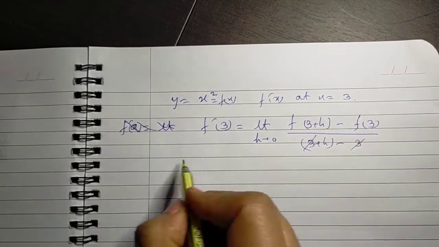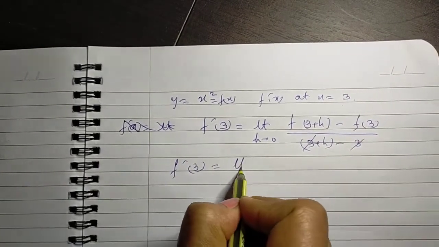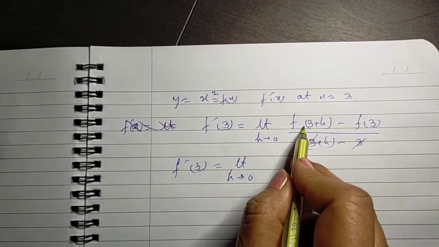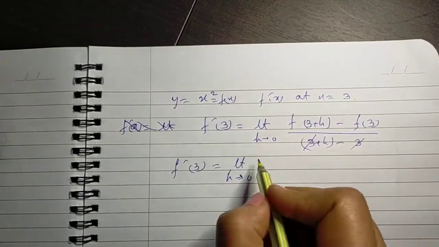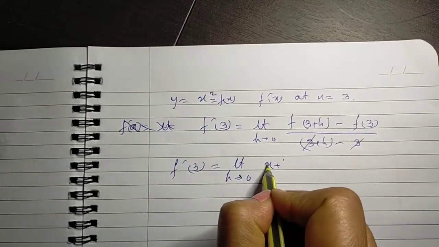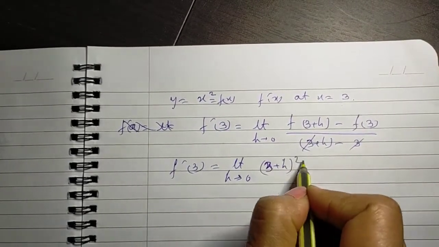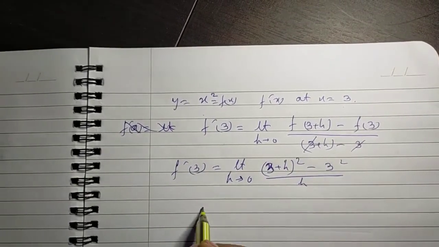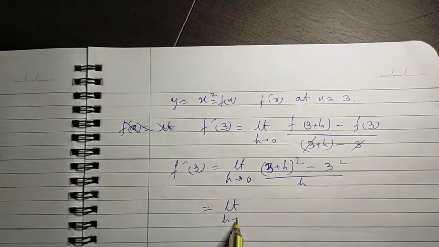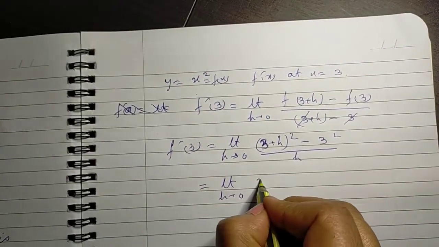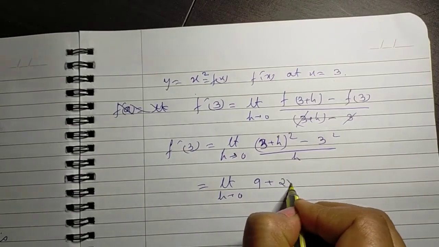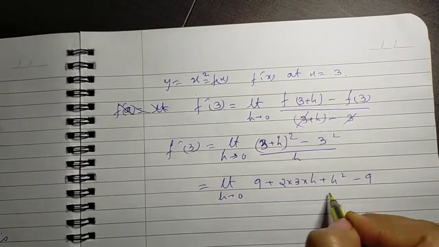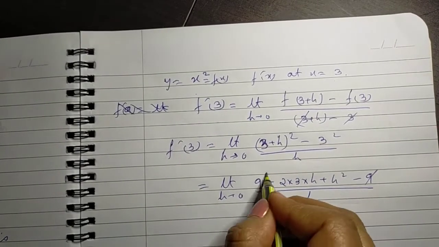So this gets cancelled. f'(3) becomes equal to the limit as h tends to 0. Now 3 plus h would be x, so (3 plus h) whole square minus 3 square over h. We expand it, we get the limit as h tends to 0 of 3 square, that is 9, plus 2 into 3 into h plus h square minus 3 square, which is 9, upon h. 9 gets cancelled.